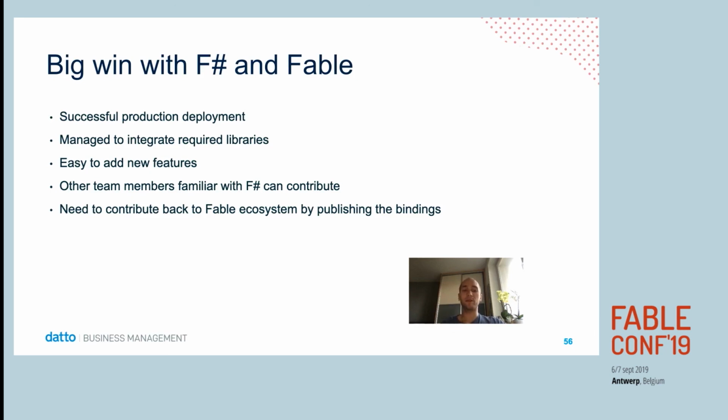We managed to integrate the libraries that we had in Fable, so it was quite easy to do. Right now we're in a position where it's easy to add new features on the client side, so the code is really maintainable. And other members of the team who know F# but maybe don't know web development very well can easily contribute to the project.